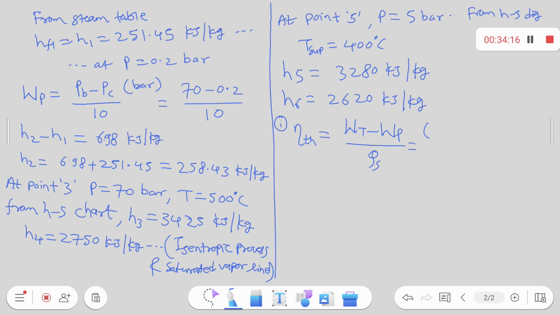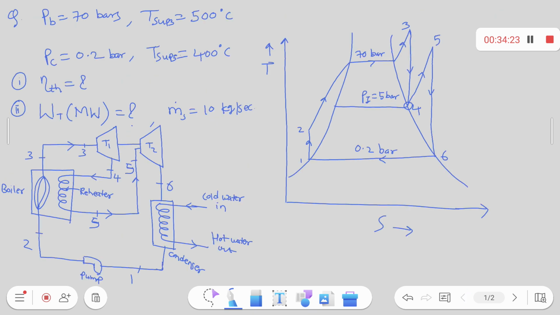So here turbine work is what? First turbine, H3 minus H4.